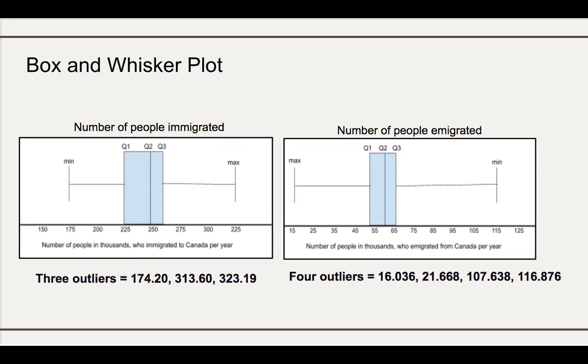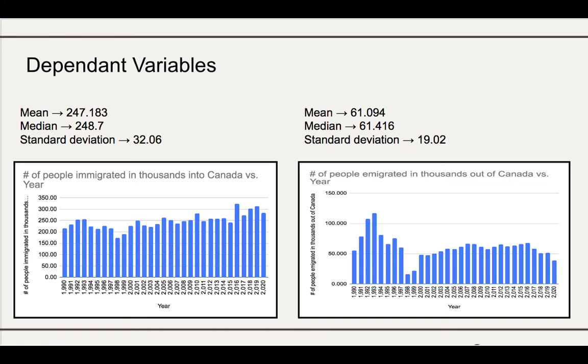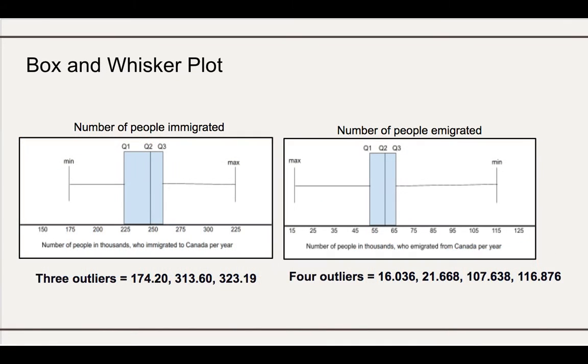For example, in 2020, you can see that there was a drop in both the number of people who emigrated and immigrated, and this was obviously due to the pandemic. And after doing the calculations to figure out if there were outliers, there were outliers in my data.